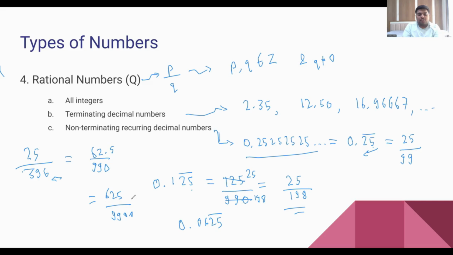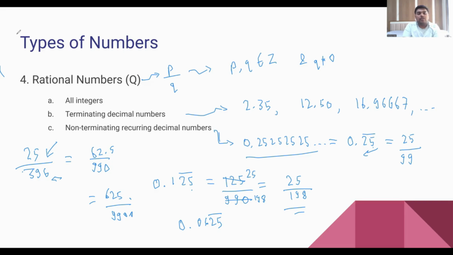So the number in the numerator is 625 and this is 9900. So this is a way of how to convert a number in the fractional form to non-recurring or recurring decimal form, whichever is possible.